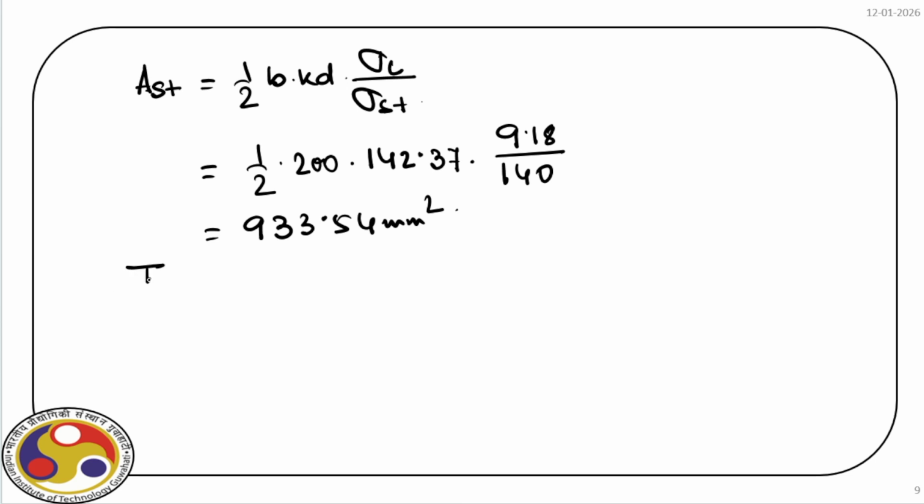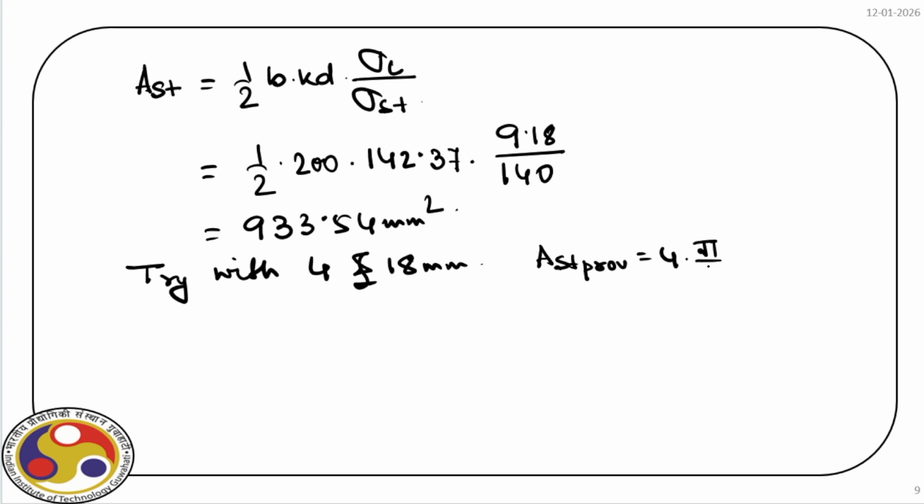So try with four numbers of 18 millimeter bar. The area provided, or AST provided, is equal to 4 times pi by 4 times 18 square.